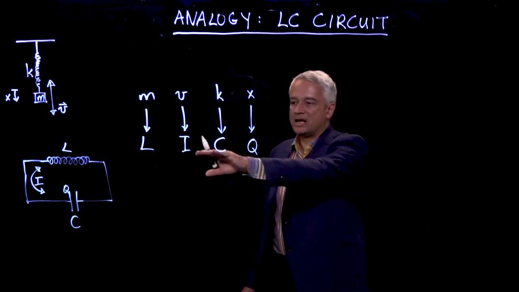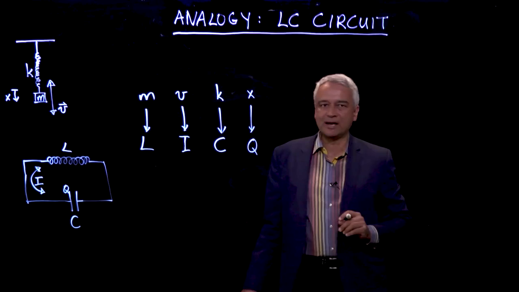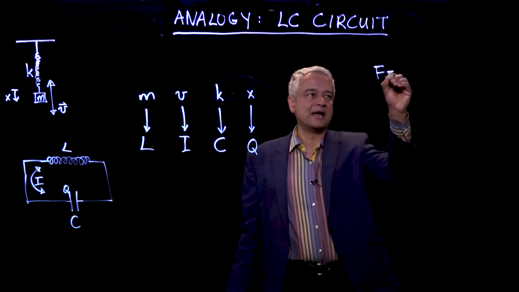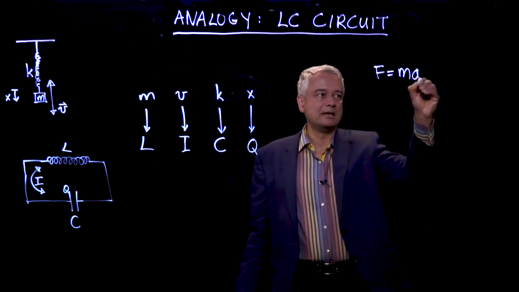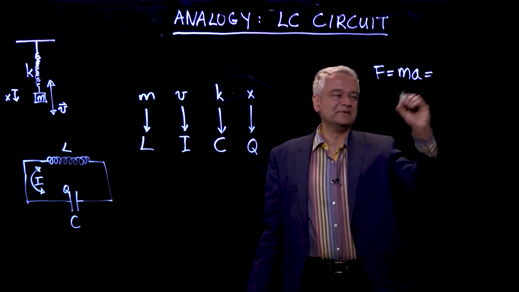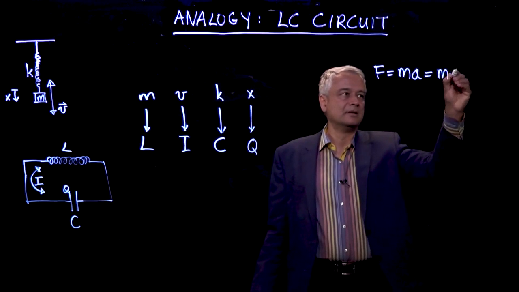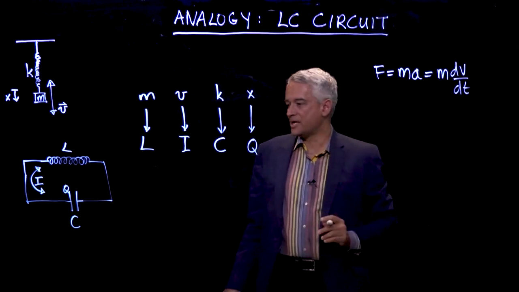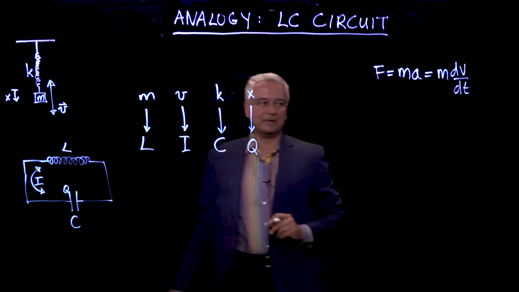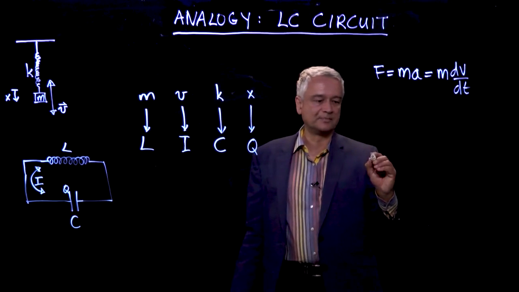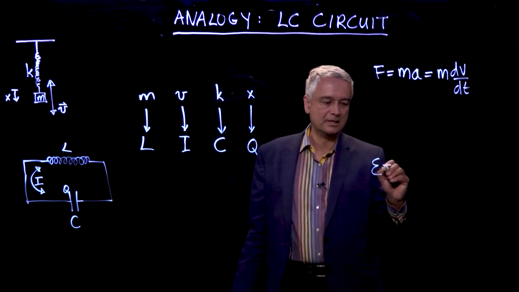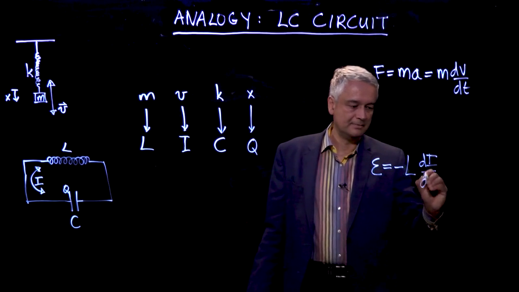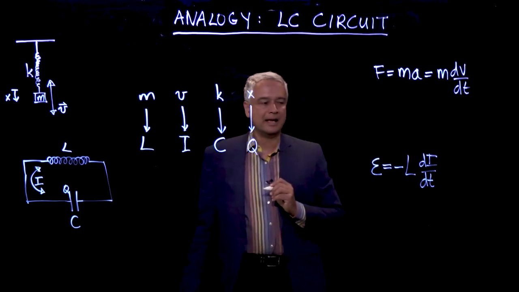OK, so I said these weren't quite right yet. How am I going to get them right? Well, I'm going to use equations. I'm going to compare the equation F equals ma, with a being dv/dt, so this is m dv/dt, to the equation for the electromotive force across the inductor, which is minus L di/dt.